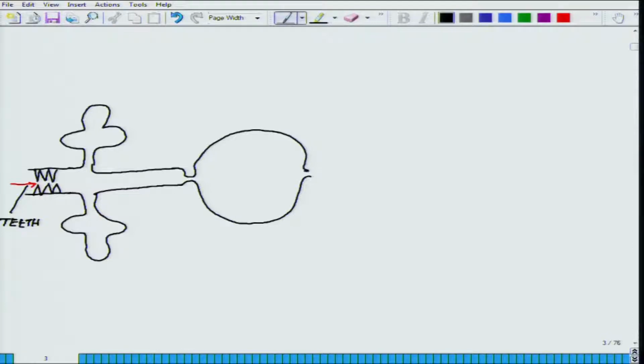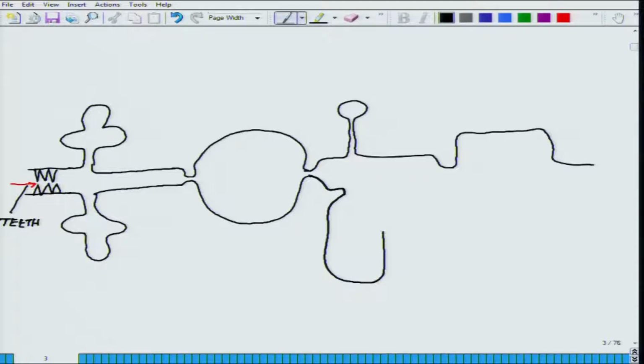We will come to that, and this is the part where food experiences an extreme acidic environment, and it is because of this environment that whatever drug has to be administered in our body through the digestive system has to be ensured that it could withstand that extreme acidic environment. Okay.